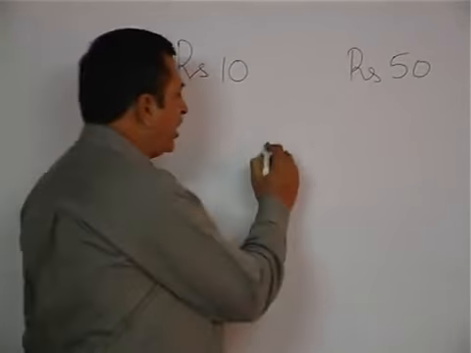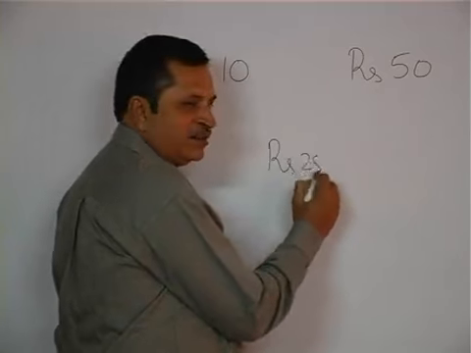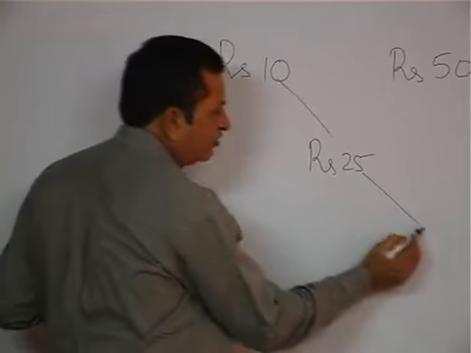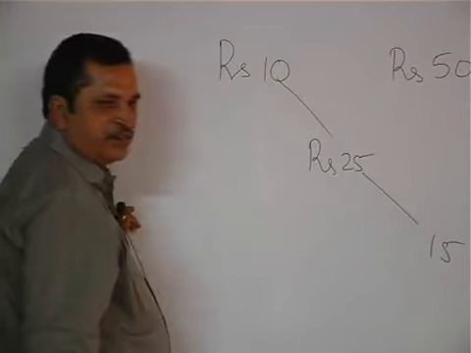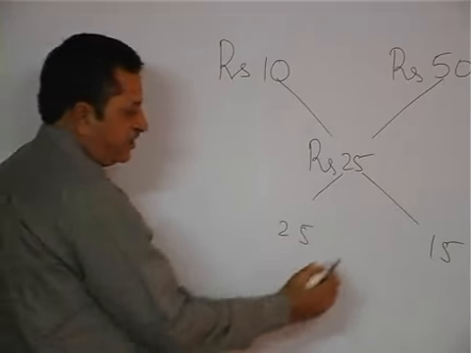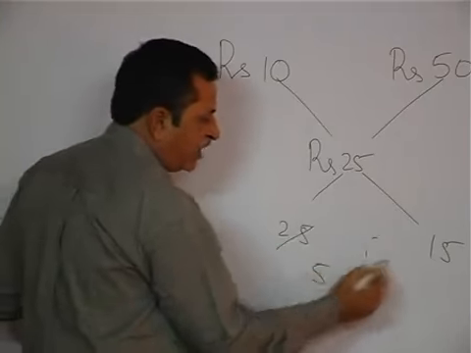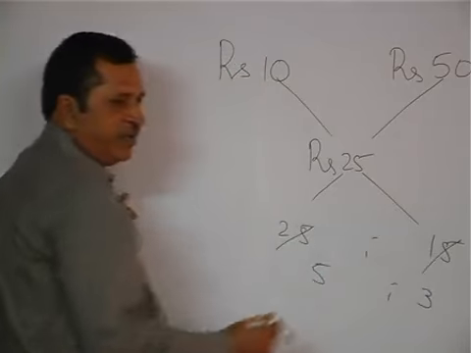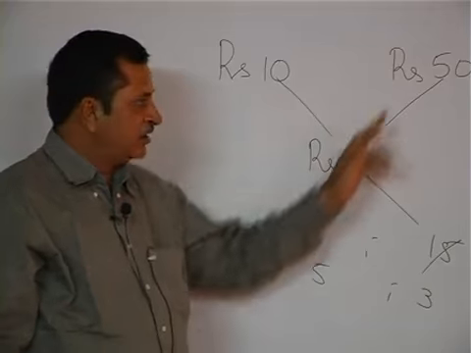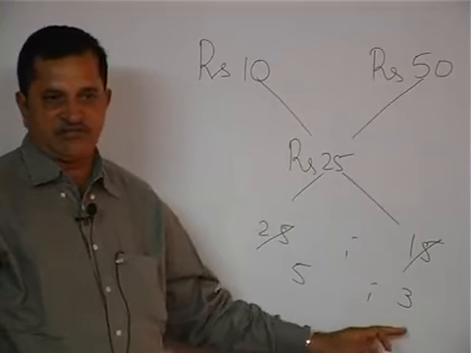The required rate is 25 rupees, is it not? That we put in the middle. 10 and 25, 15 rupees is the difference. This and this, 25 rupees is the difference. So, 5:3. So, he should mix for every 5 kgs of 10 rupee rice, 3 kg of 50 rupee rice.